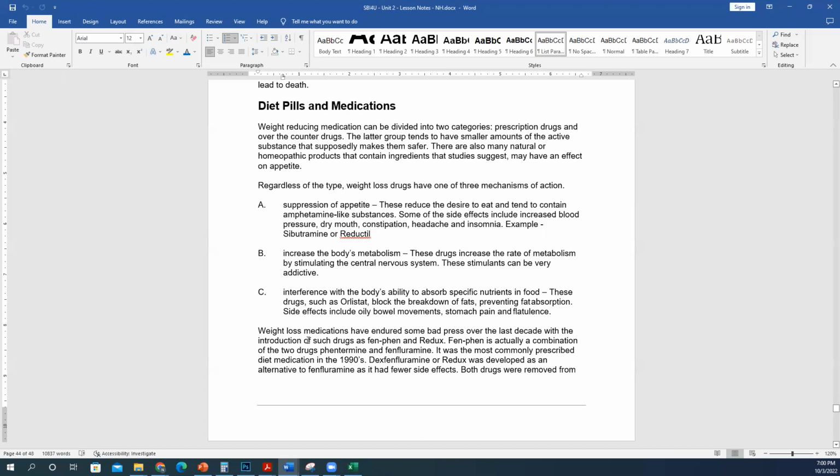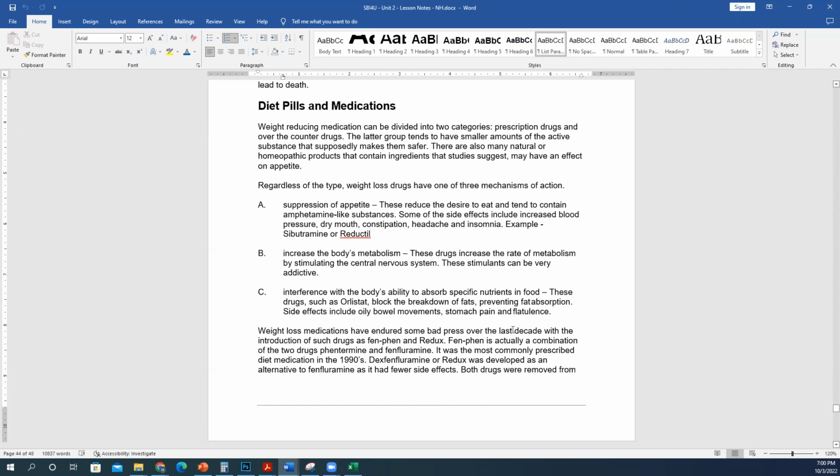And then the third type is ones that interfere with your body's ability to absorb specific nutrients in food. And some of these drugs block the breakdown of fats. And as such, because you don't break down your fats, you're preventing fat absorption.